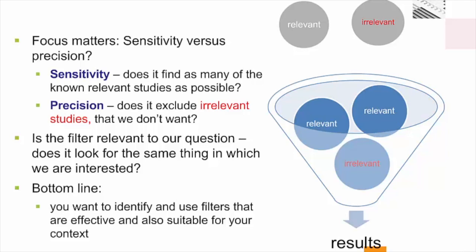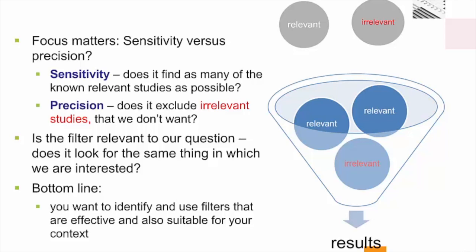If the authors were emphasising precision in their strategy, then really they were trying to make the search as precise as possible and to exclude as many irrelevant studies as possible. So trying to make sure that we didn't retrieve a lot of studies that are not actually on the topic we're interested in.